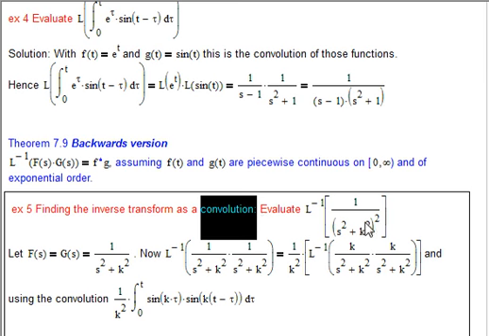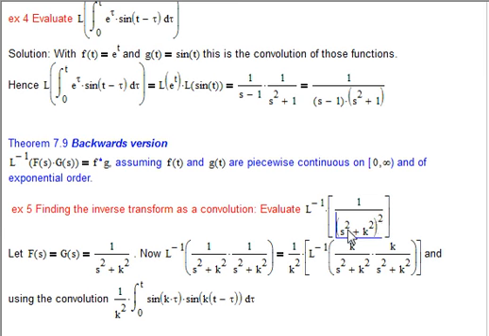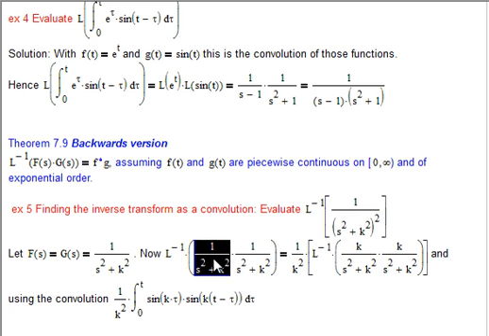We're going to evaluate the inverse transform of 1 over s squared plus k squared, squared. And we're not going to do partial fractions. We're just going to say that F of s and G of s are both 1 over s squared plus k squared, and that way we can get 1 over s squared plus k squared, squared out of this. And then when we find the inverse transform, it's going to be the inverse transform of the product of those two things.